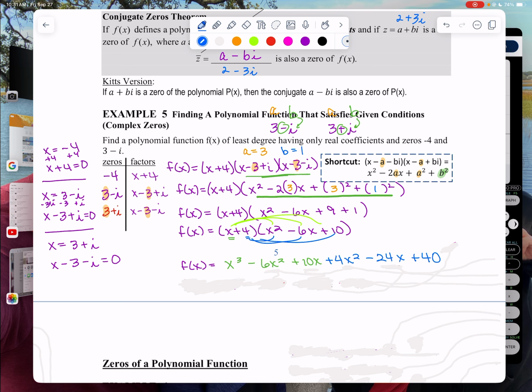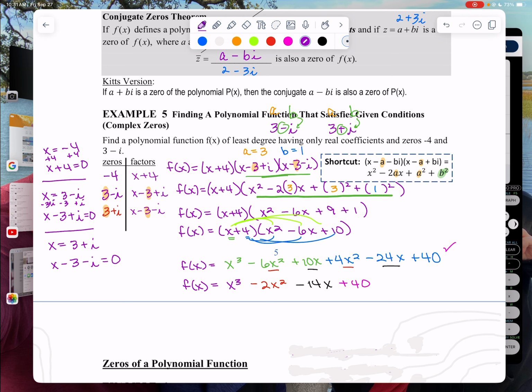And then finally, I just combine like terms. I left my x to the third, I couldn't do anything with, right? And so my x squareds I combined. Now I'm going to combine my x's. So 10x minus 24x gives me minus 14x. And then my plus 4. So that's my final answer.